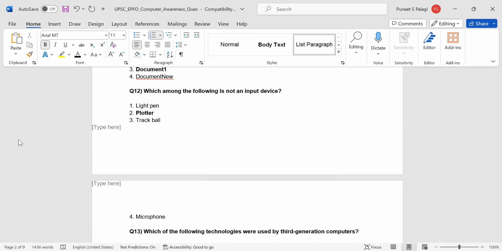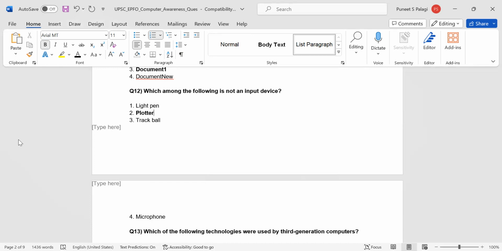So plotter is not an input device. Trackball, light pen, microphone, all these are input devices. Using a microphone, we speak and the instructions go to the computer. Trackball is also an old input device. Light pen is also an old input device.